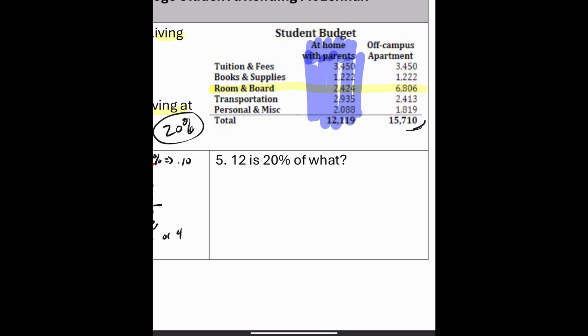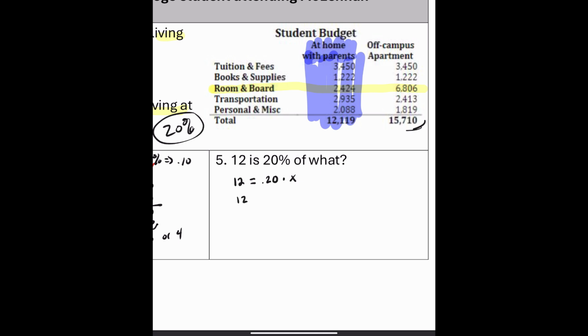Now here we have number 5. 12 is 20% of what? So we're not starting with the word what. We have a number right off the bat. So it's just going to be 12. Is means equal. We have 20%, which is 0.20, times x. All right?